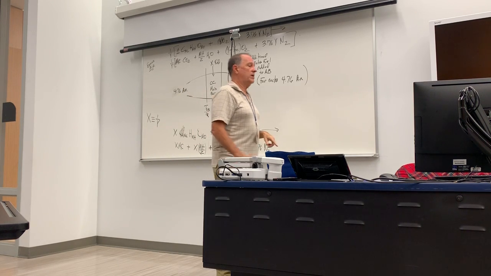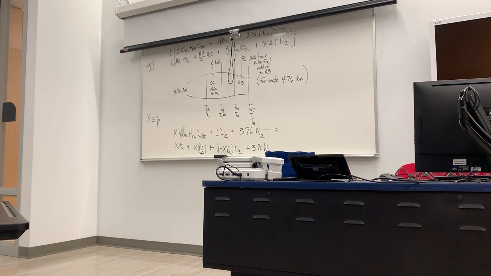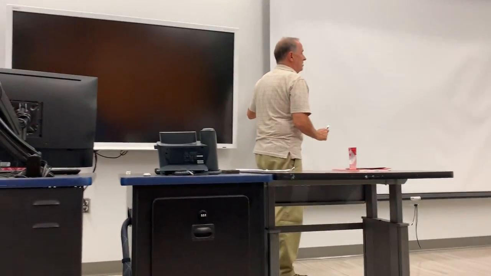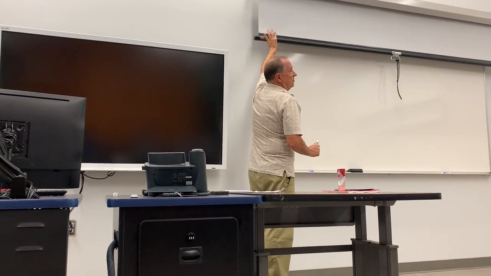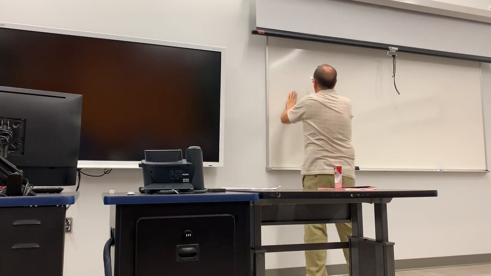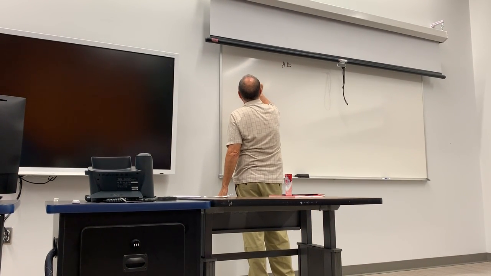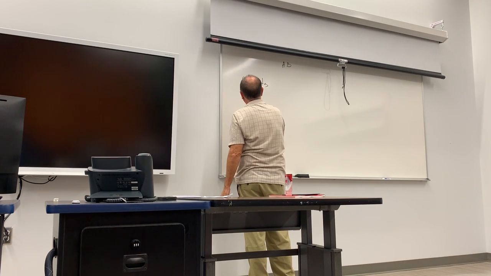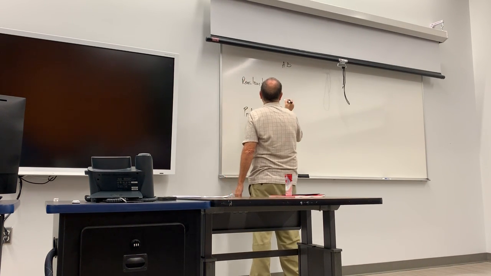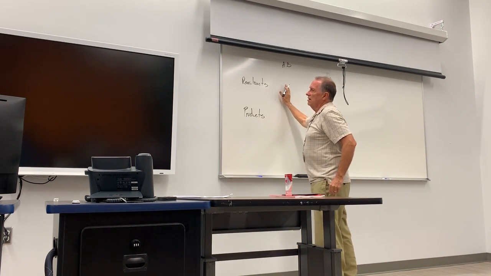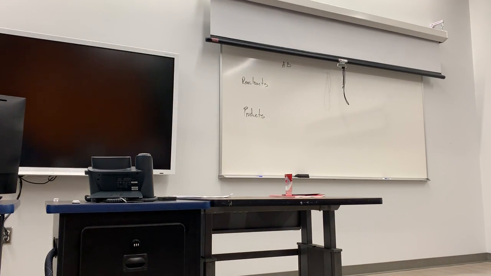And the reaction equation that you have going on here looks like this. The products of combustion from your main burner are your reactants for the afterburner. So I'm doing the afterburner now, and I'm looking at the reactants, and then the products. What do I have coming in here? I have this stuff.